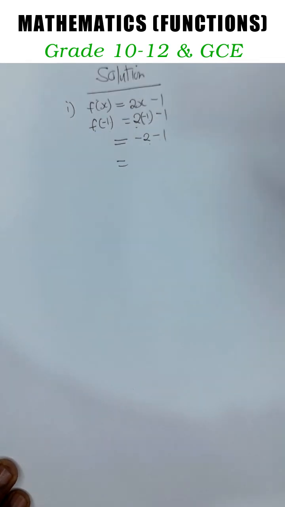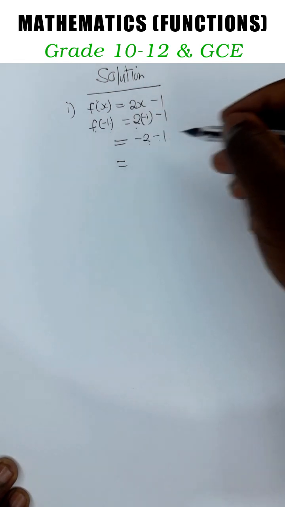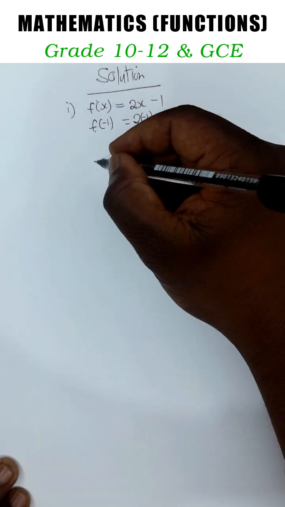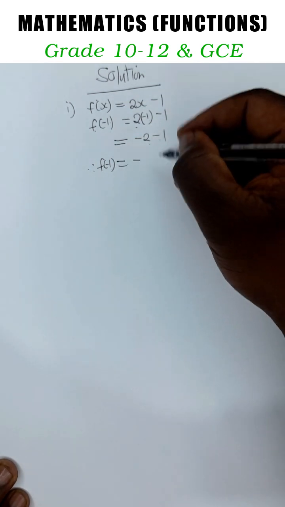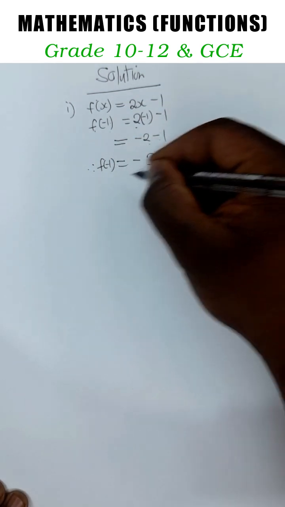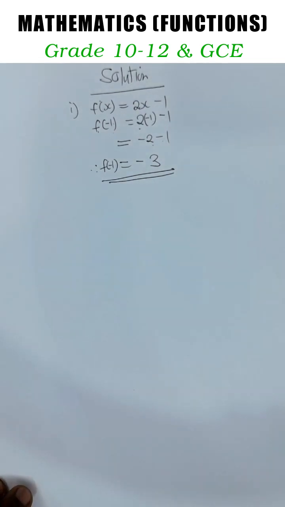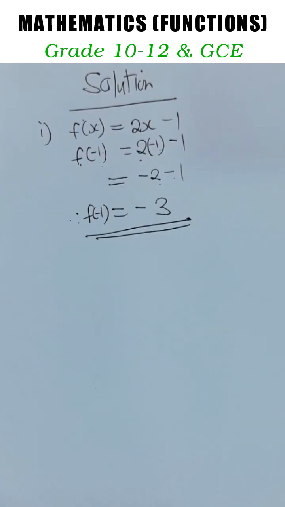If you go to our videos, the common sign, we add and pick the common sign, under integers and the rules we have. So therefore, our f of negative 1 is equal to negative 3. This will be our answer, and the examiner will be very happy to mark it correct. They say this is correct.